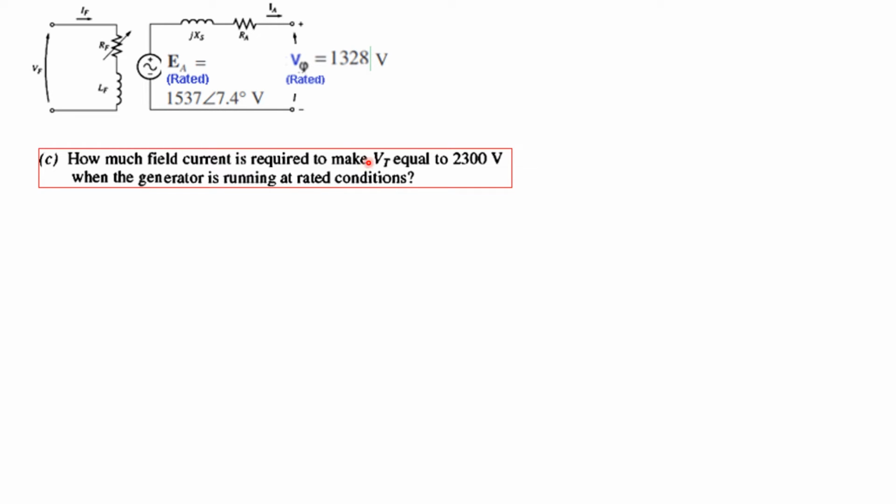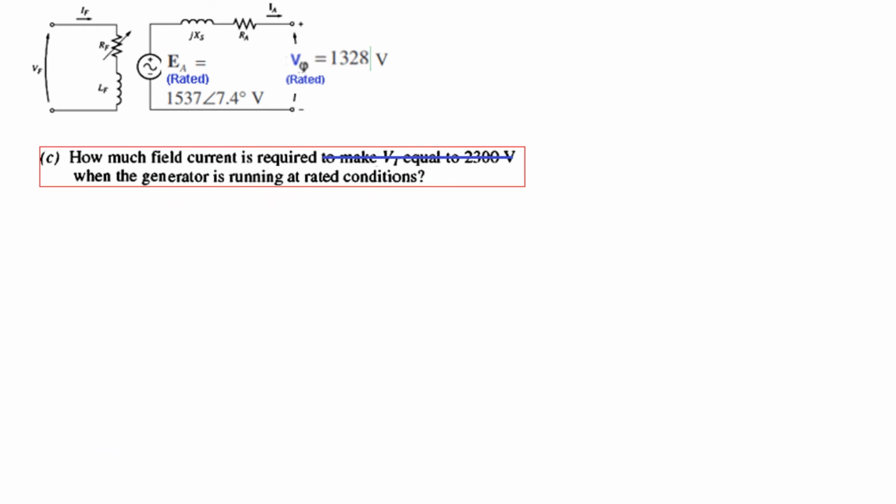Now this is disturbing me, so I'll just eliminate it. I'll put a cut mark. And basically the question is how much field current is required when the generator is running at the rated condition. And you know that for the field current we need two things, actually the terminal voltage and the open circuit characteristics curve.